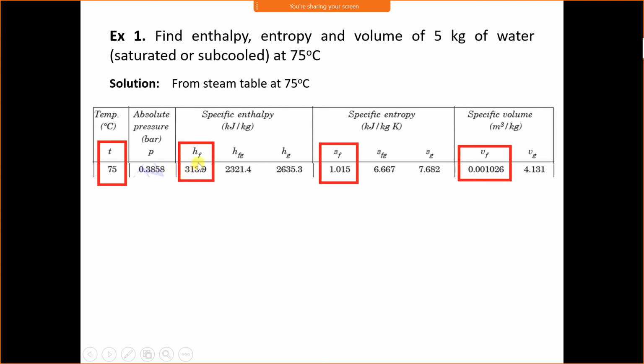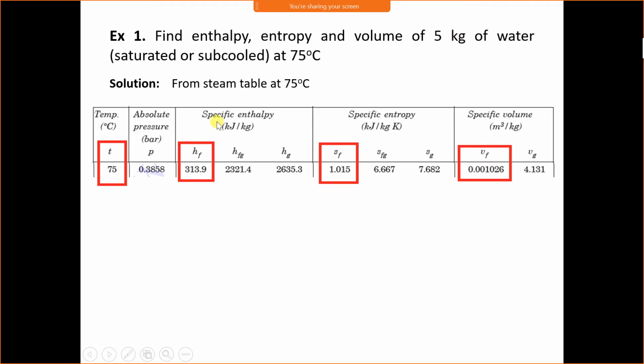Then the values hf, hfg, hg, sf, sfg, sg, vf, and vg are given correspondingly. But it is water. Therefore, for enthalpy we want hf, for entropy we want sf, and for volume we want vf. But 5 kg of water is given.